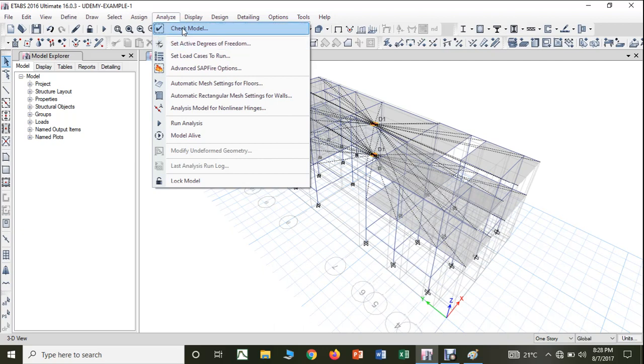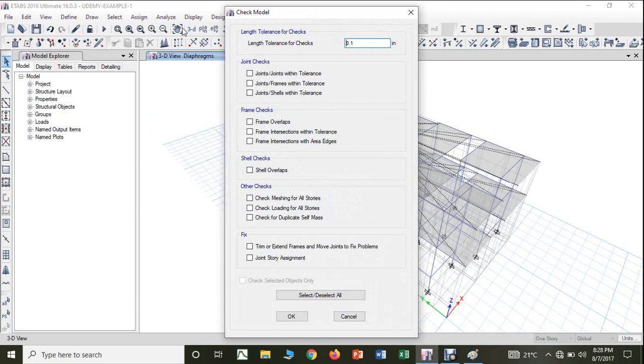So let us just check the model. Okay, you can check the model for everything. Joints check, joints within the tolerance, joints and frame within the tolerance. Okay, then joints and shell within the tolerance, then frame overlaps if there are any, frame intersections within the tolerance, frame intersections within the area edges, if there are any shell overlaps, then any other meshing issues, everything you can see.